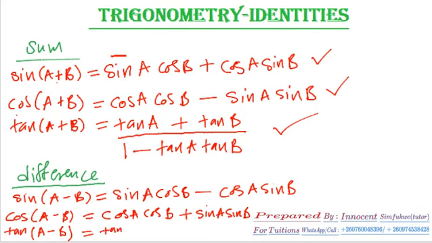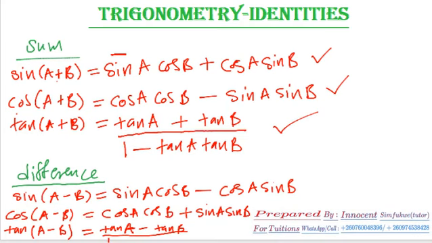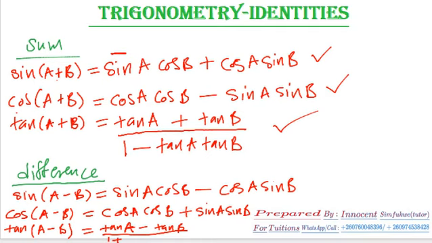So it's going to be tan A minus tan B over 1 plus tan A tan B. I'm sure you have noticed, it's just the opposite of that. So this is what I want you to take note of. You get? So master this.